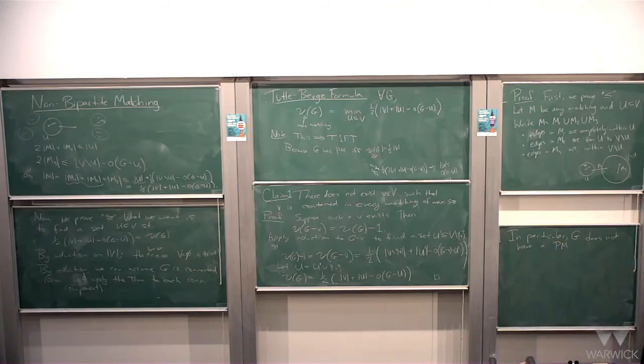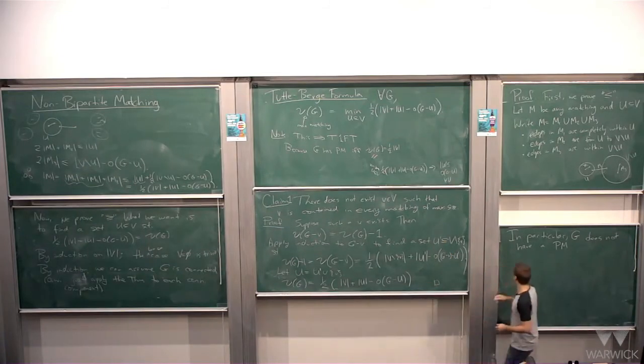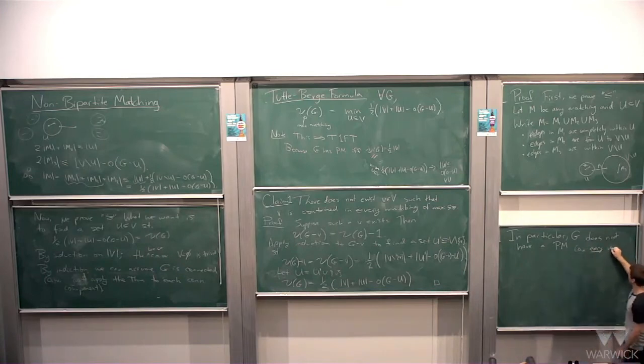Because if it had a perfect matching, a matching that saturates every vertex, it would have the biggest possible size in G, and then every vertex would violate claim 1. Not just one vertex, but every vertex violates claim 1, and we just proved claim 1.